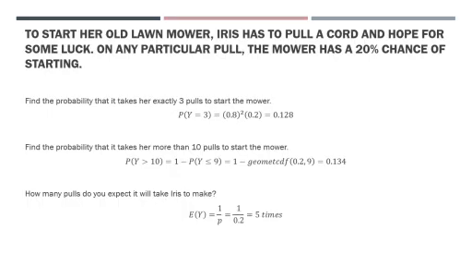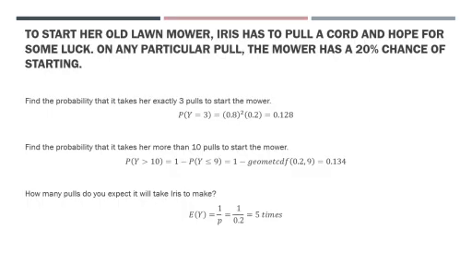So the probability of failure was 0.8 taken to the second power multiplied by 0.2, which gets us 0.128. What's the probability of it taking more than 10 pulls? Since it's more than 10, we can use our geometric CDF, but we have to go 1 minus, because remember the CDF is less than or equal to a number.